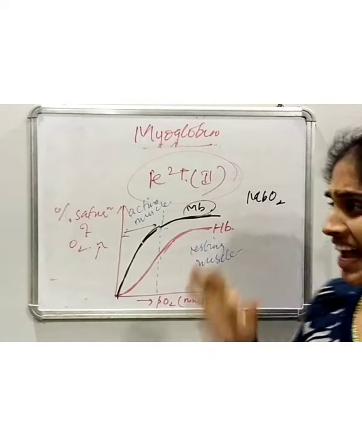And what is the equation? The equation is Mb plus O2, and it's in equilibrium. Mb plus O2 forms MbO2. So it can also dissociate. Means this reaction can go either way.